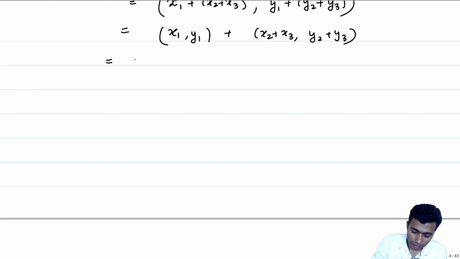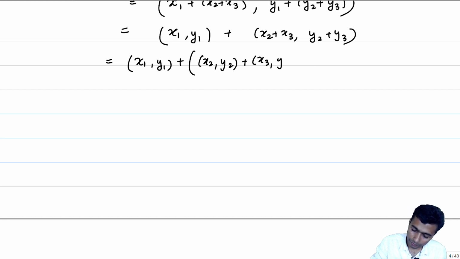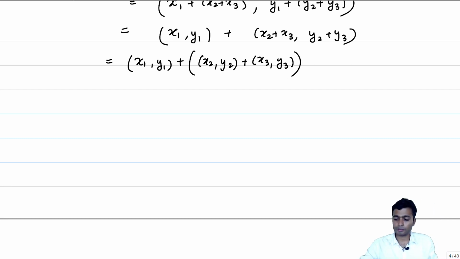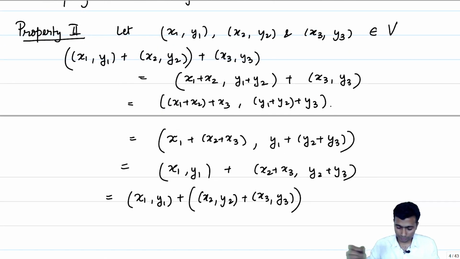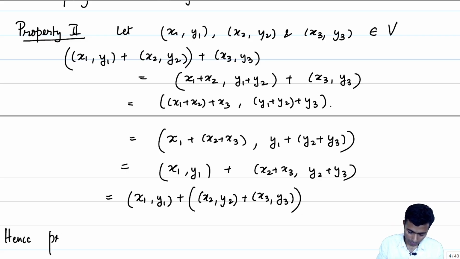This is nothing but x1, y1 plus x2, y2 plus x3, y3. And that establishes that property 2 is satisfied.